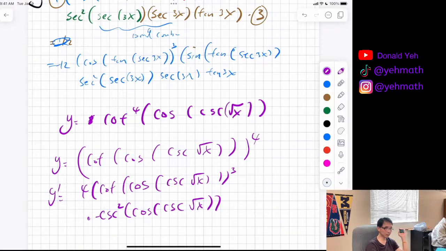What would the 4 be in front too? So it's 4 negative. Yeah, and I'm gonna do that at the end. So I'm gonna multiply this by the derivative of the cosine, which is negative sine of cosecant of square root x.